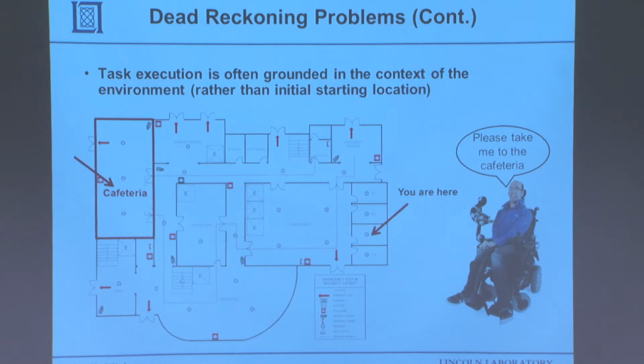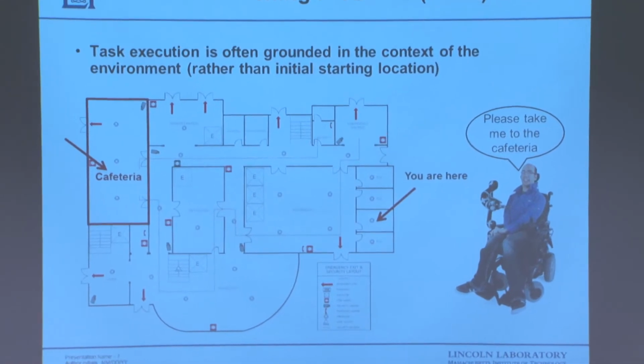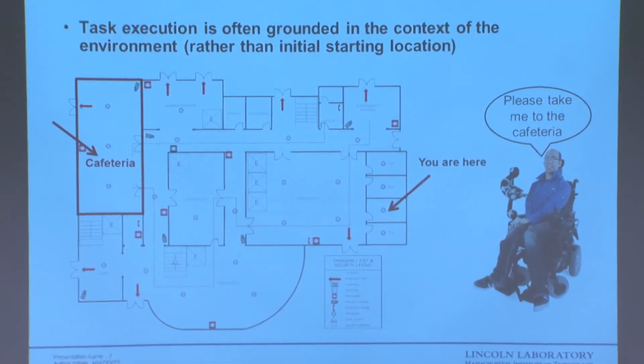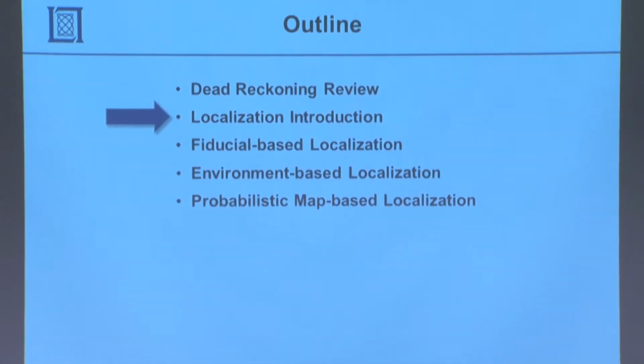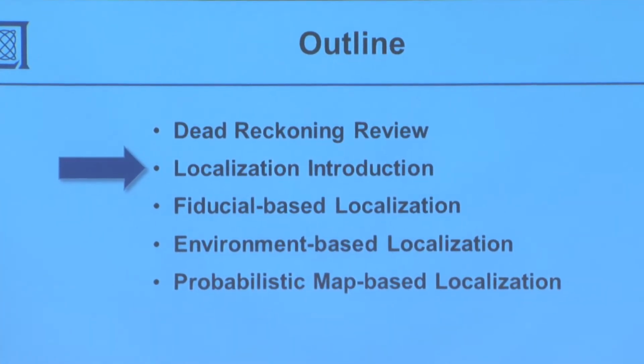So we might want to tell the robot to go to the cafeteria for us, for example. So it's often useful to think about how we ground our robot's location inside a frame of reference that's relevant to humans, like a map or a street network if you're doing road-based navigation. All right, so that's a quick review of dead reckoning, and some of the challenges of just relying on dead reckoning.